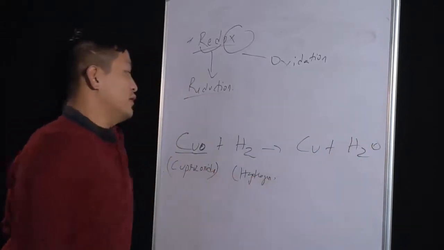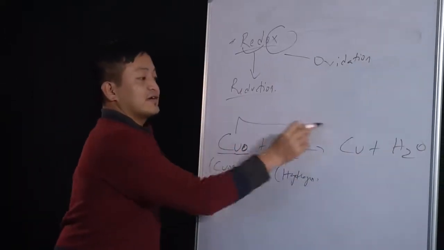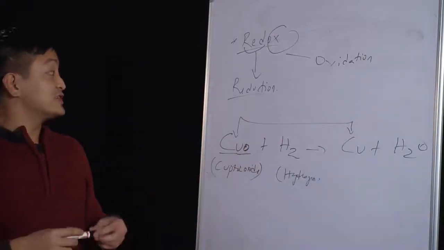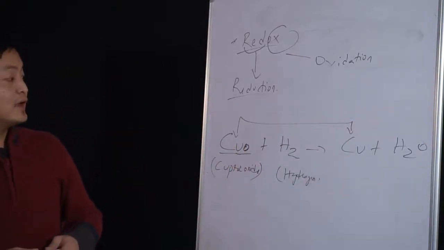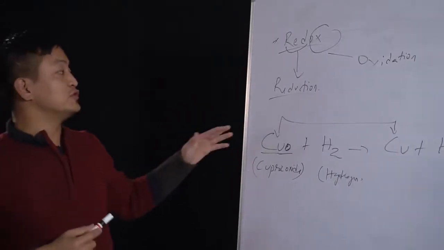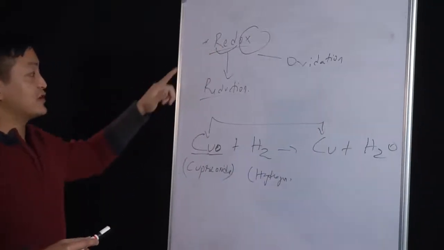Here reduction takes place, where there is a loss of oxygen. I gave you a common example equation so that we could use this same equation for the total redox reaction.